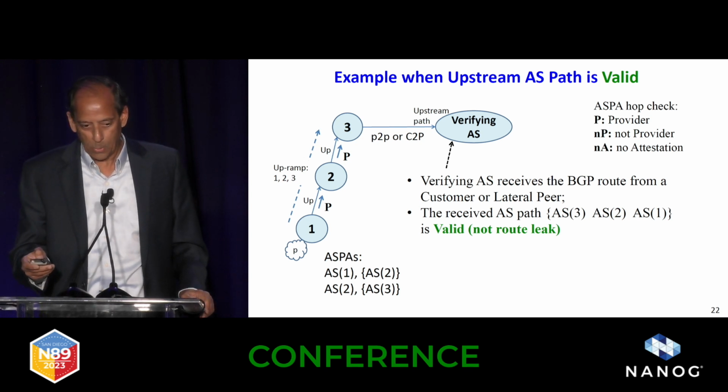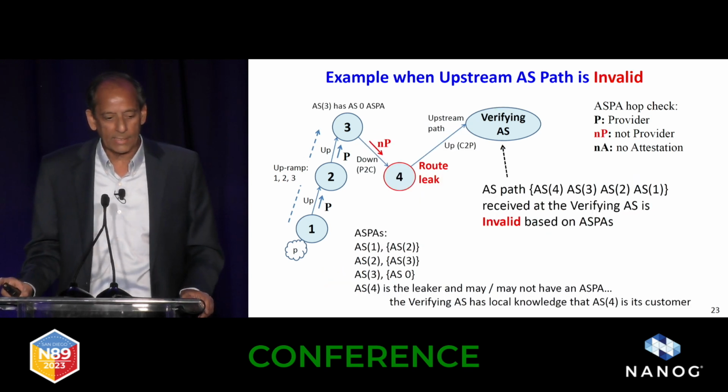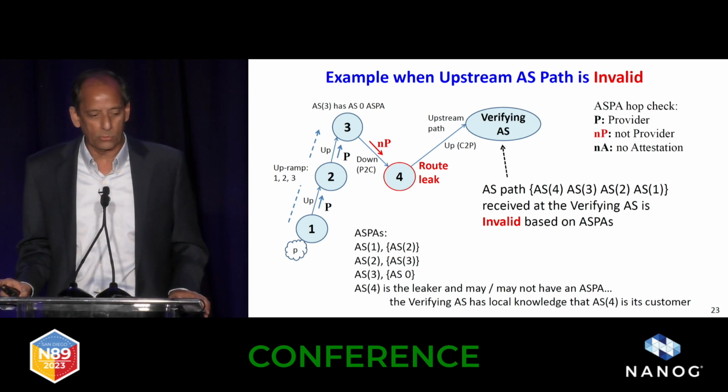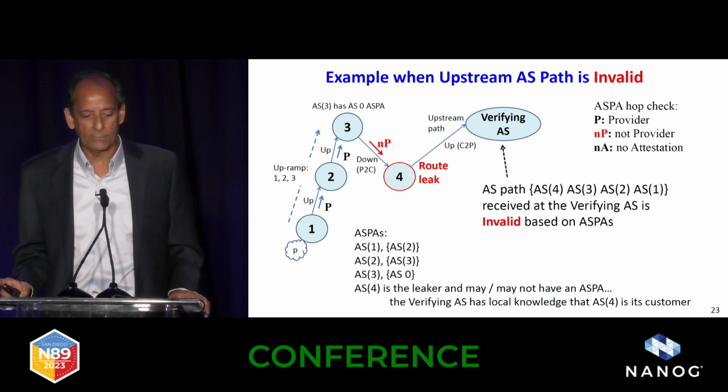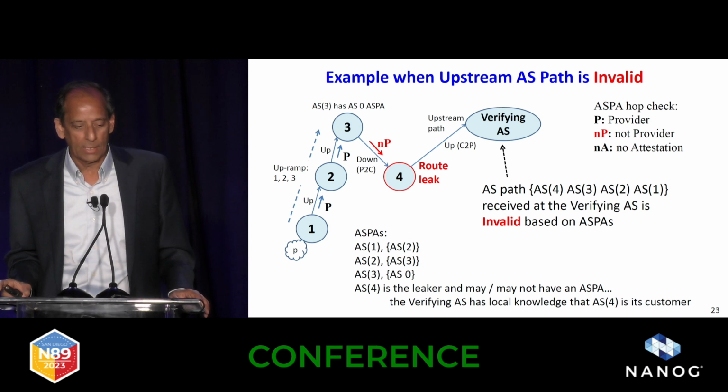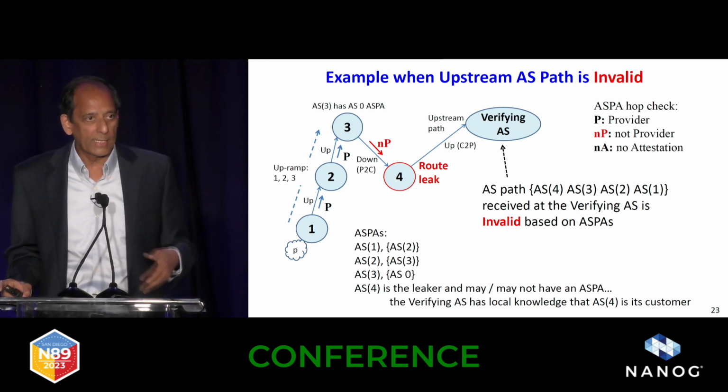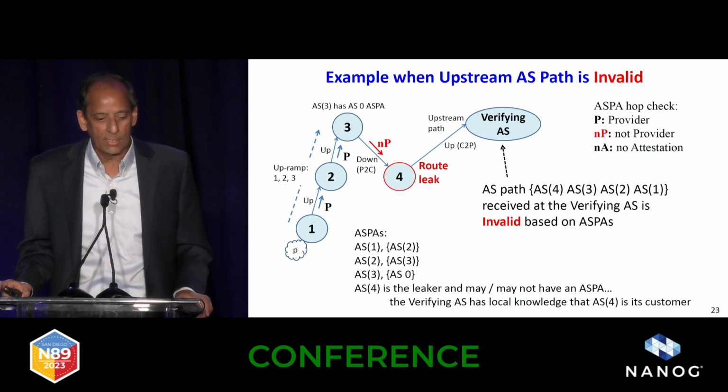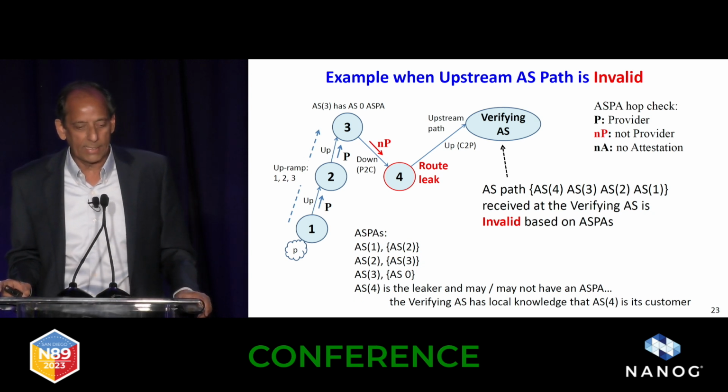On the other hand, if the path is, say in this example, 1, 2, 3, 4, the verifying AS is validating that path, and it uses the ASPA, computes the hop check functions, and what it sees is that there is at least one hop in the path which is not provider, which means that the path made a turn downward.